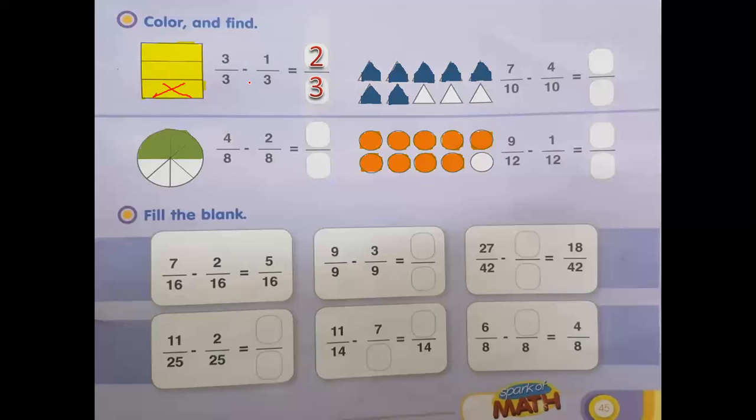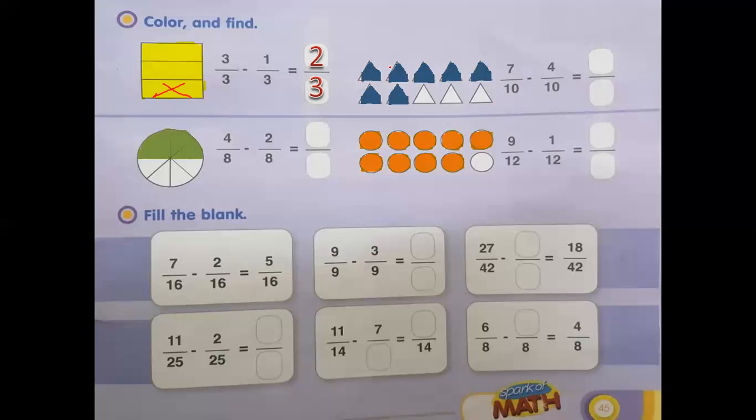2 over 3. And number 2, we have 10 triangles. So how many triangles are we going to color? We are going to look at the first fraction, this one, 7 over 10. So we are going to color how many parts? 7 parts. Excellent. So we colored 7 parts. 1, 2, 3, 4, 5, 6, 7.